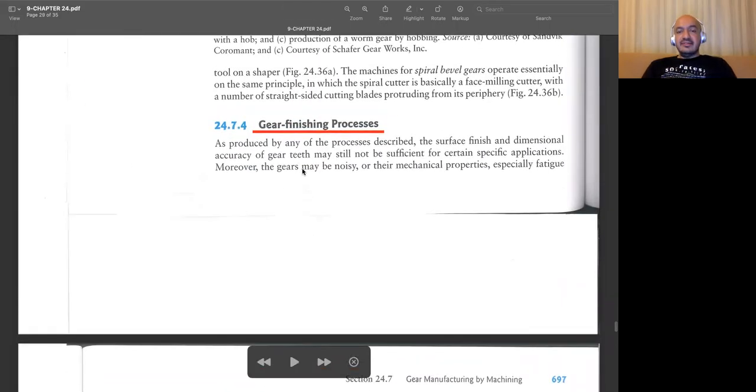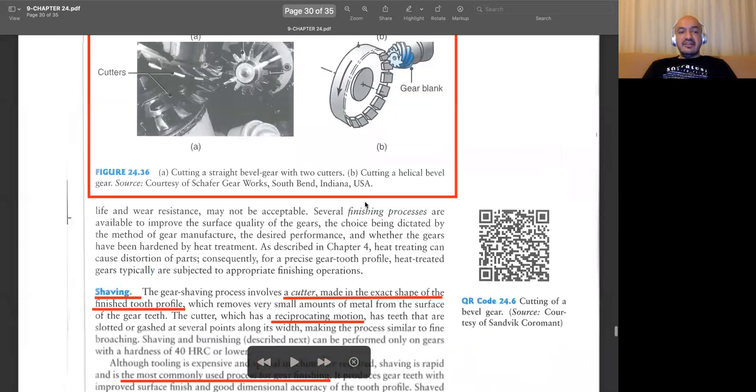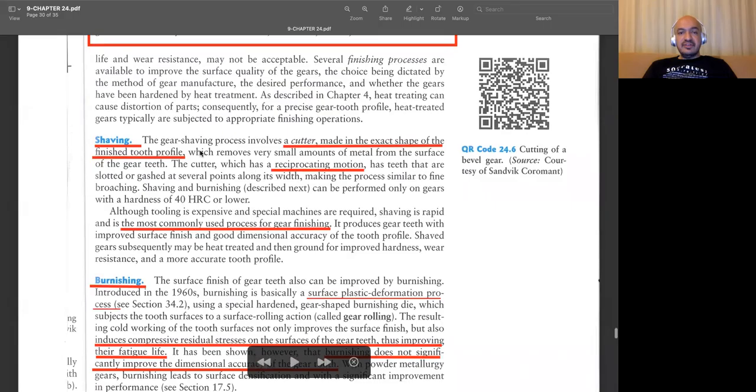And lastly, I can talk about gear manufacturing finishing operations. Since the resulting surface quality may not be good enough after form cutting or gear generating, we need to do some finishing operations. And we may do simple shaving. Shaving is something we talked about briefly. You need to have a properly shaped cutter, and it's very similar to conventional shaving. So with reciprocating motion, you may remove small amounts of material from the surface and try to increase its surface quality.